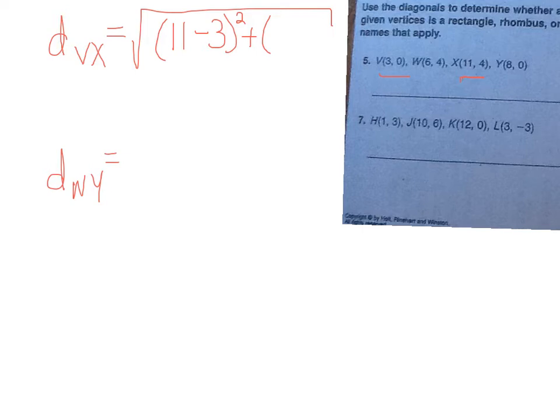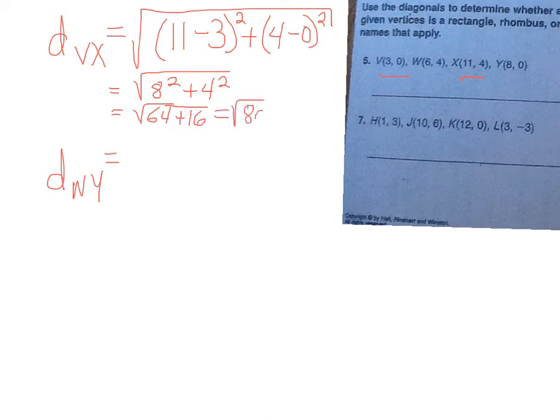Plus 4 minus 0, and then it's quantity squared. Then we simplify that. 11 minus 3 would be 8 squared, and then it's just 4 squared, so 8 squared is 64, and 4 squared is 16, so 64 plus 16 would be 80.